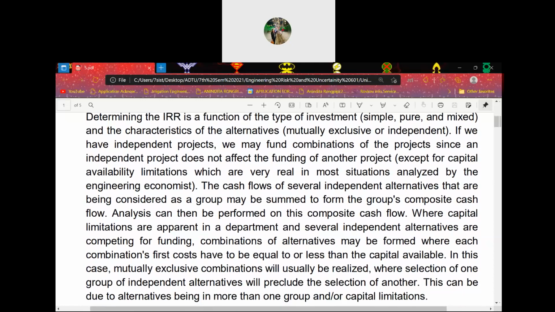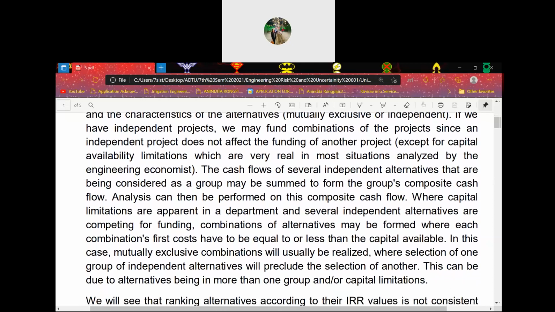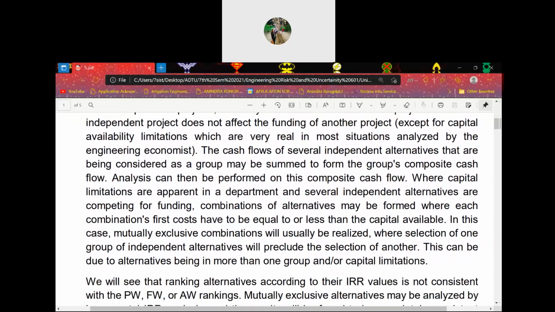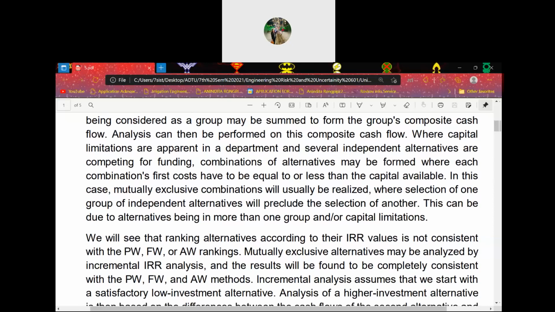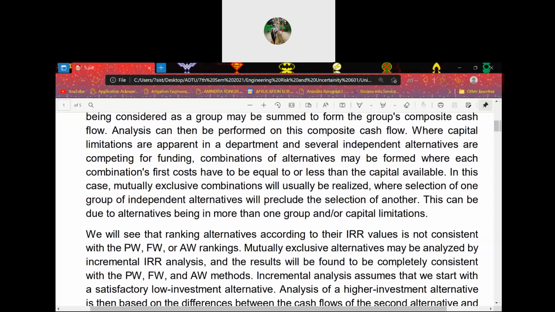This can be due to alternatives being in more than one group and/or capital limitations. We will see that ranking alternatives according to IRR values is not consistent with the PW, FW or AW rankings, and mutually exclusive alternatives may be analyzed by incremental IRR analysis, and the results will be found to be completely consistent with the PW, FW and AW methods.